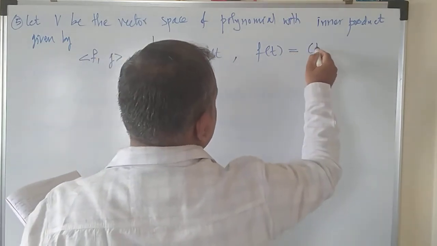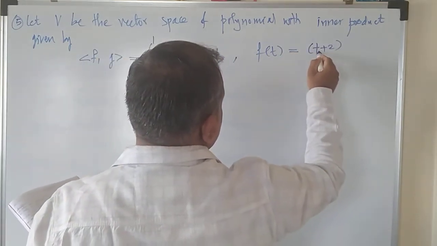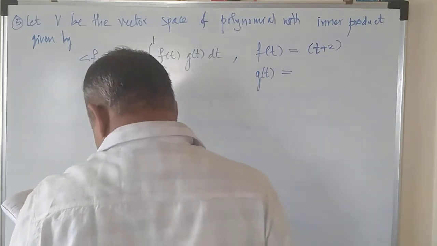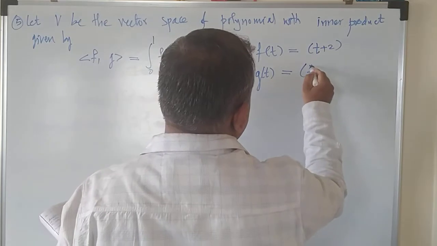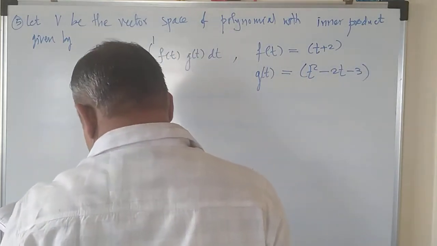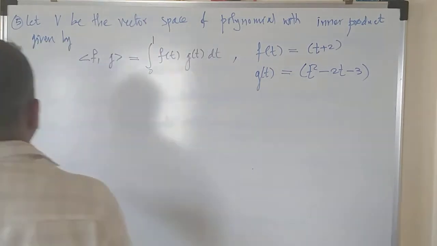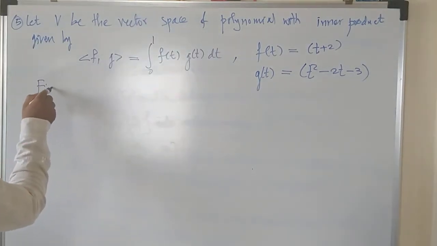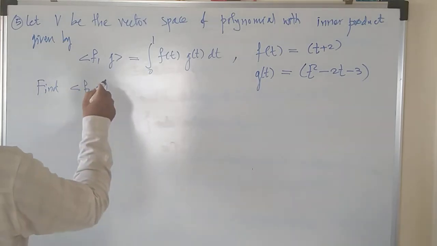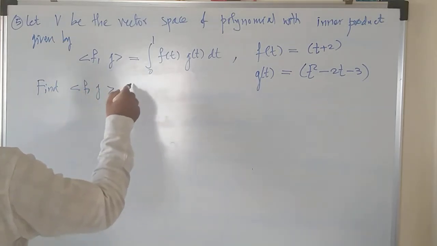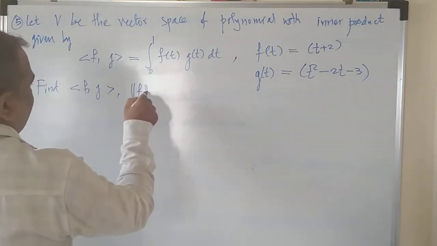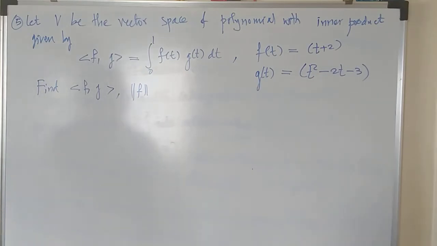F of t is equal to t plus 2, g of t is equal to t square minus 2t minus 3, and you are asked to find the inner product of f and g and norm of f. I think this problem we have already solved in the class.